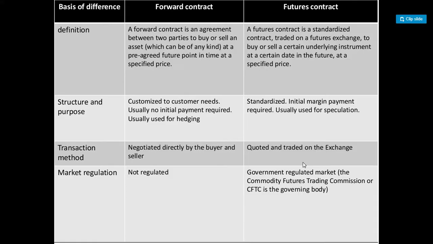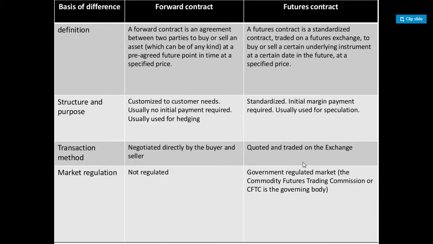So basically it's an agreement between two parties to buy and sell an asset at a certain future date for a certain price agreed upon now. It is specified for the predetermined period in the contract.